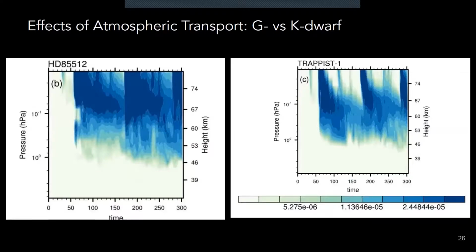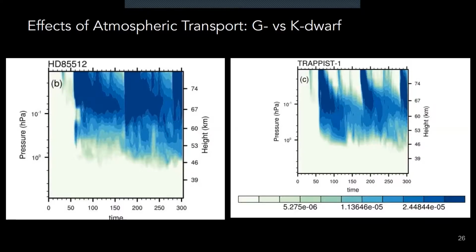Apart from direct chemical effects, atmospheric transport also plays an important role. More rapidly rotating planets, such as one orbiting TRAPPIST-1, as shown on the right-hand side, can generate more eddies, more turbulence, and a more significant polar vortex that can transport chemistry that is produced in the upper atmosphere to the lower atmosphere.